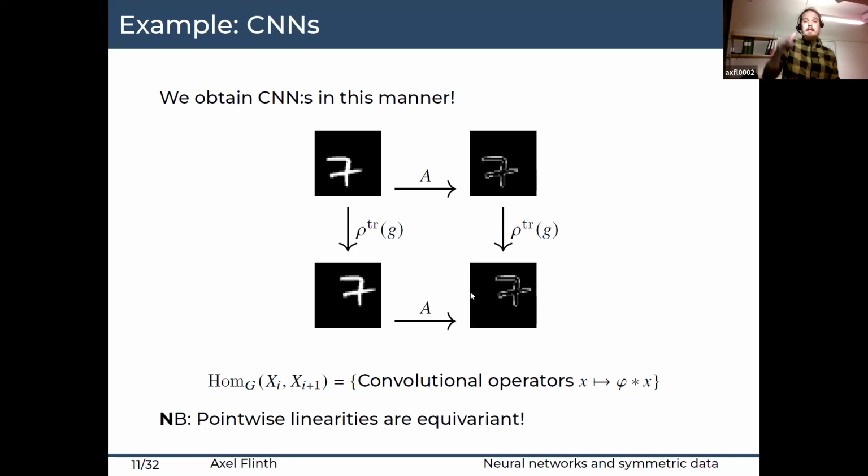The argument is that in order to make this square commutative diagram commute, we need the linear map to commute with the translation, and that then forces us to use a convolution operator for A. Here one could maybe point out that in this setting, it's not hard to make the nonlinearities equivariant. If they act pixel-wise, they will of course commute with translating around the image.